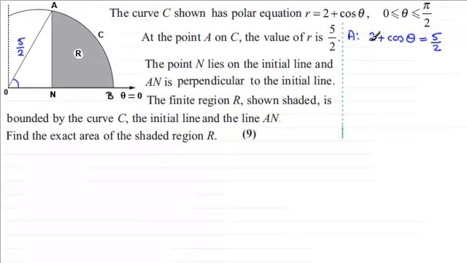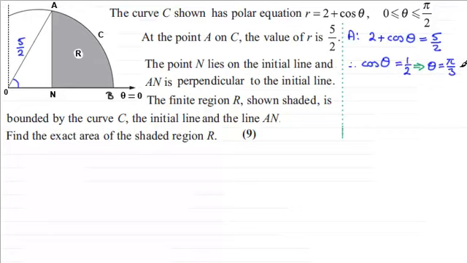And if I subtract 2 from both sides, cos theta is going to equal 1/2. So cos theta equals 1/2, and if I take the inverse cos of both sides, it follows from this that theta equals the inverse cos of 1/2, which is pi upon 3 radians.